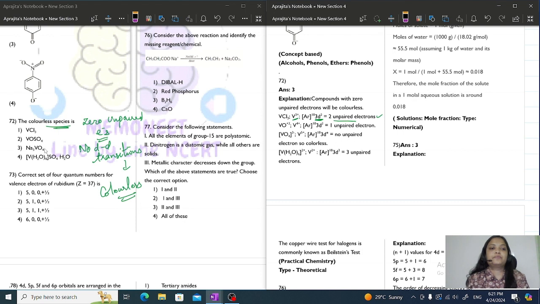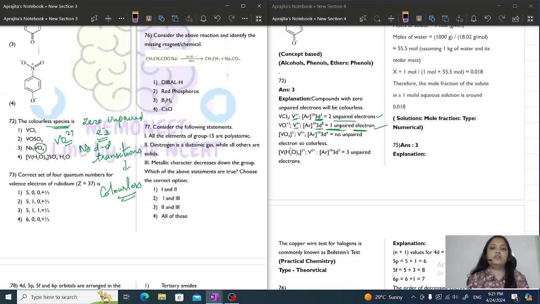Now in the next compound, VOSO4 is given. In VOSO4, so it's VO2 plus. So here there is 1 unpaired electron, because vanadium 4 plus is there, 3d1. 1 unpaired electron, again it would be a colored compound. Next here Na3VO4.